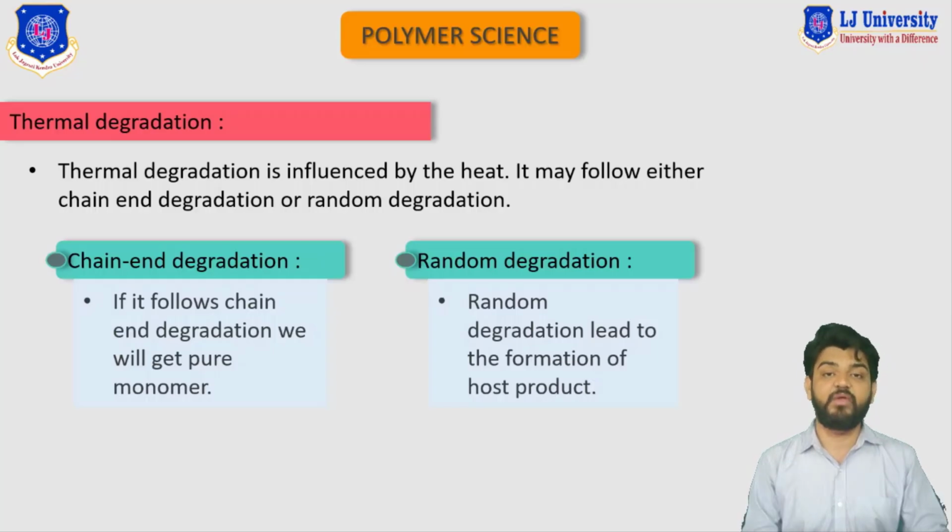And lastly, we have understood what we mean by biological degradation. And we have shifted our focus from the classification to the thermal degradation process, in which we have said that it is influenced by the application of heat. And it can also take two forms. Either it can perform chain end degradation, or it can perform random degradation.